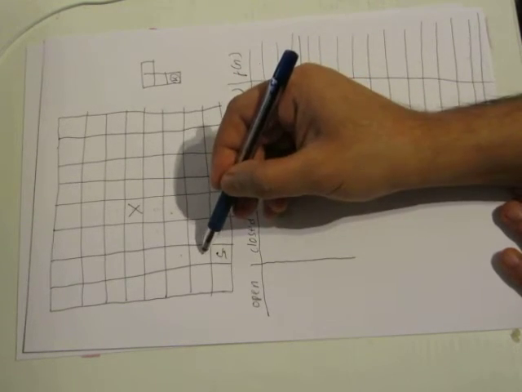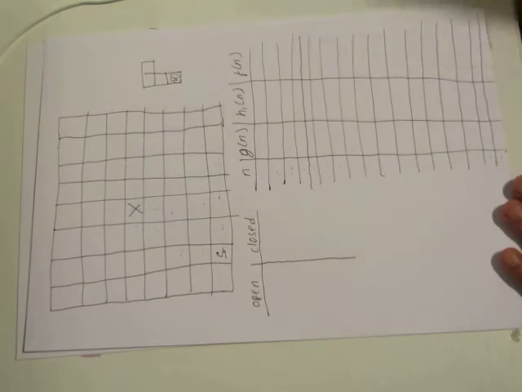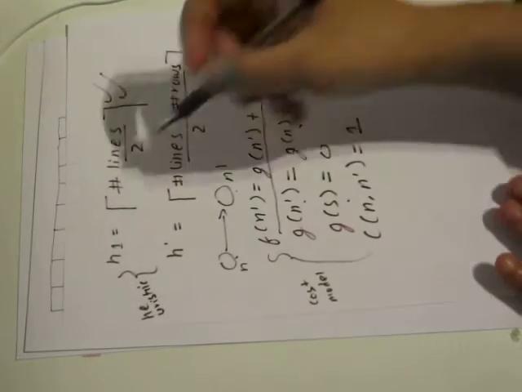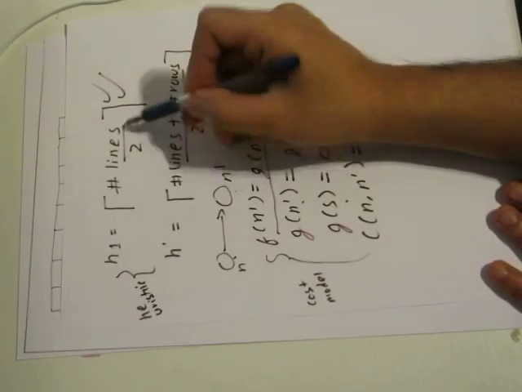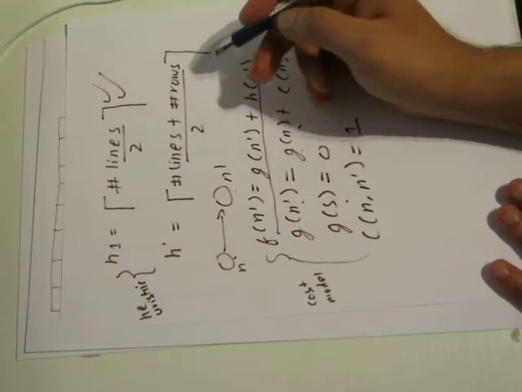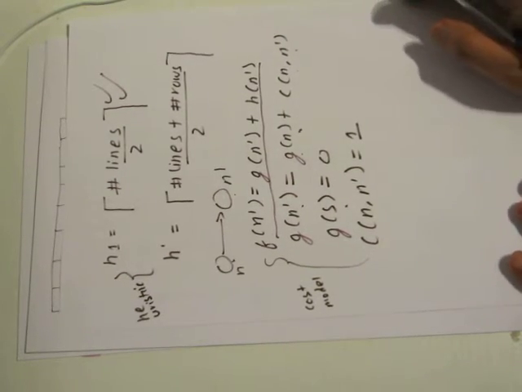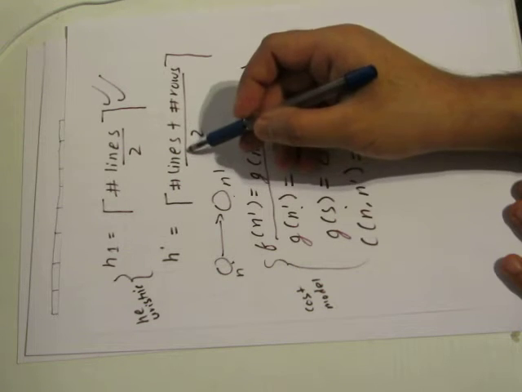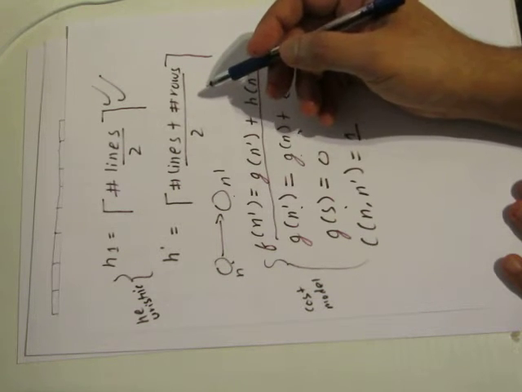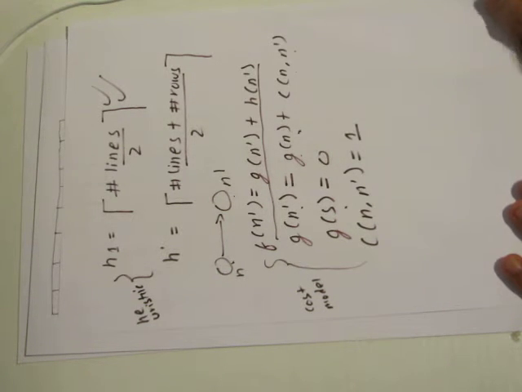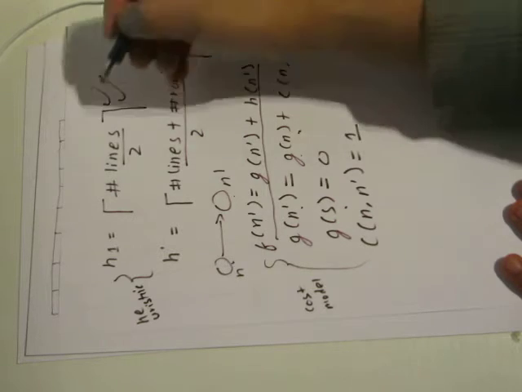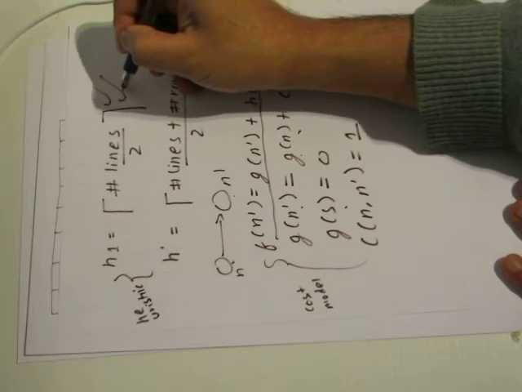If it is this, the number of horizontal lines is 1, 2, 3. The heuristic says it's the ceiling of the horizontal lines divided by 2. Another heuristic you can define is the horizontal lines plus the vertical rows divided by 2. But for our case I use this heuristic.